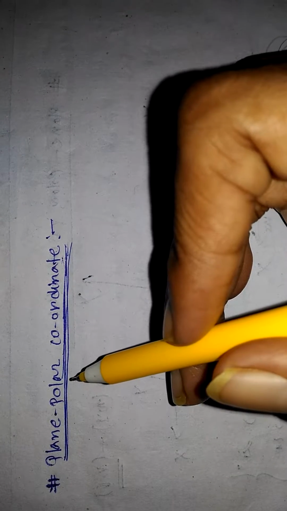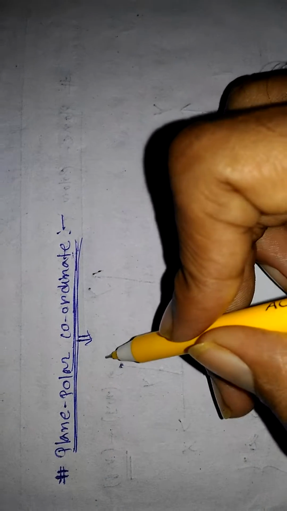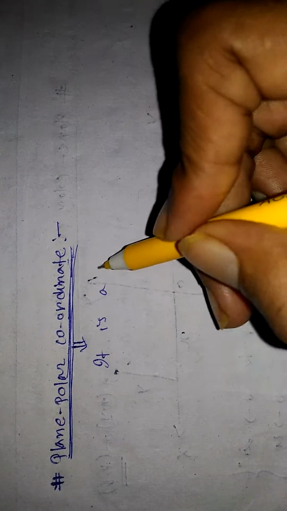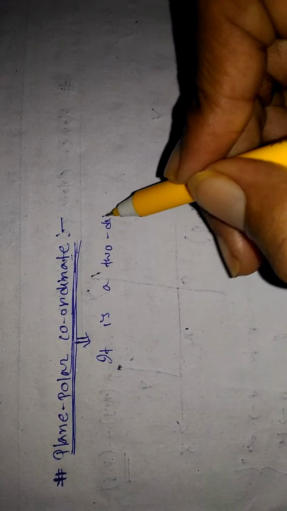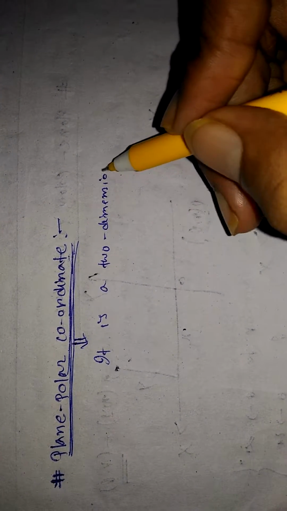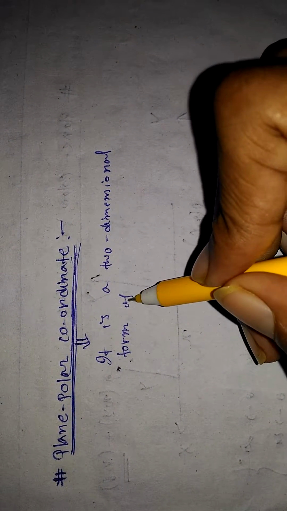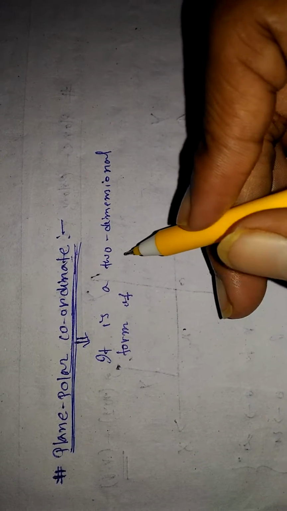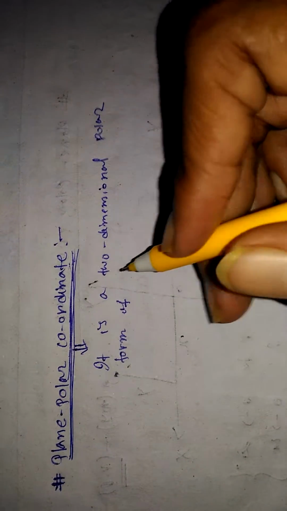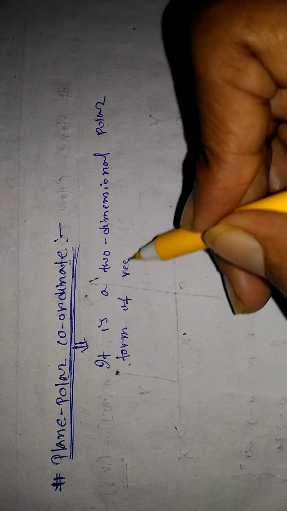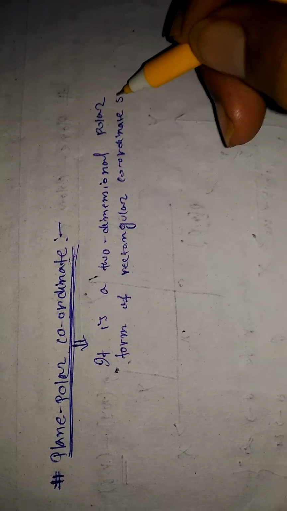About plane polar coordinates, we can write down that it is a two-dimensional polar form of the rectangular coordinate system.